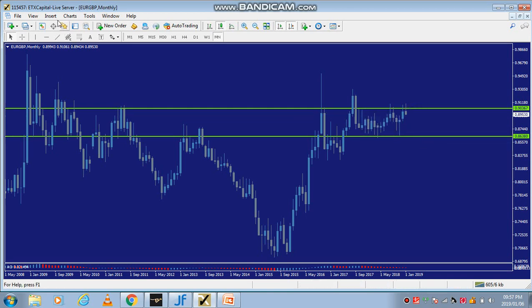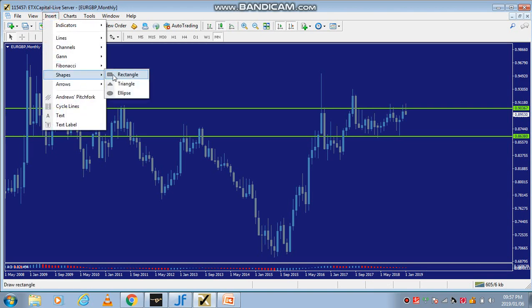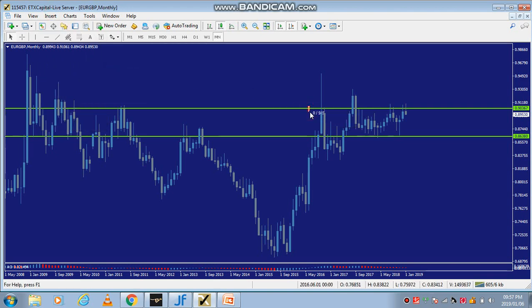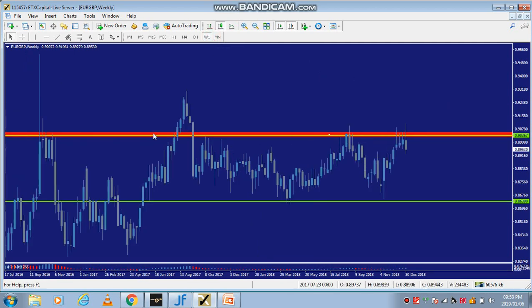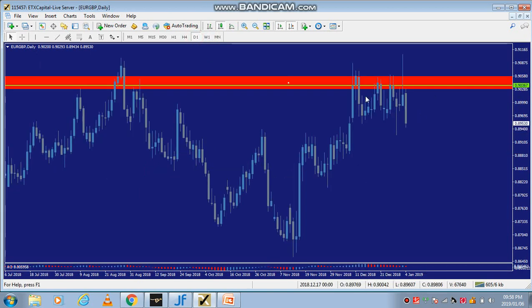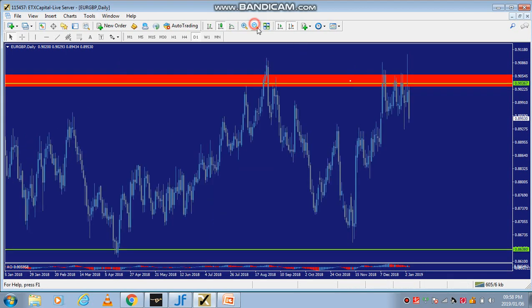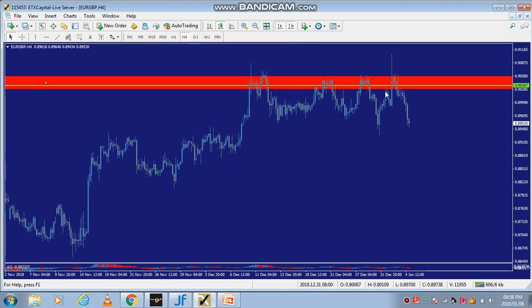this level here. Let me just put on, the monthly chart rejected this level here, and also on the weekly chart this level got rejected a couple of times. On the daily chart, this level again got rejected a couple of times. And then on the 4-hour chart again, this level got rejected a couple of times.